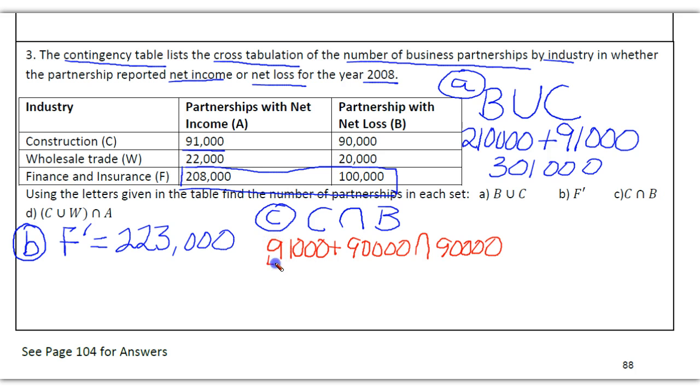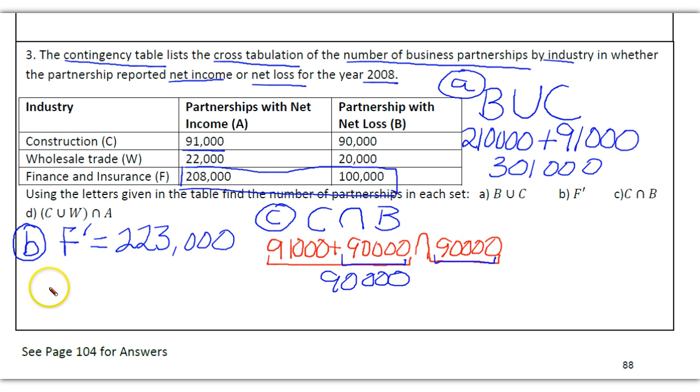So I'm showing this is C. And we're going to intersect that with B, which is this. So of this, what intersects? Well, put it in blue, this and this. So the intersection of these is 90,000.